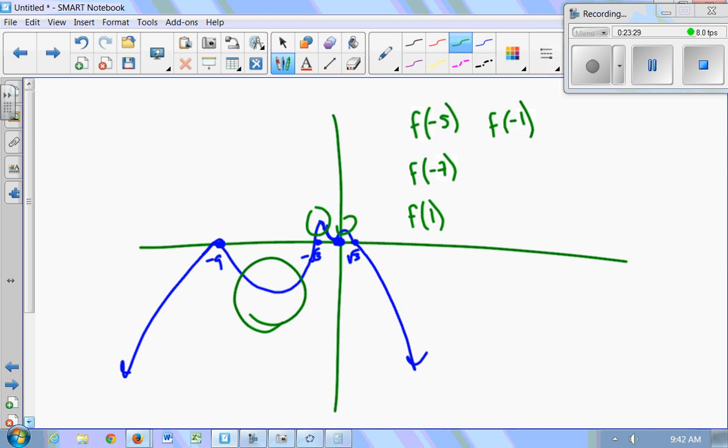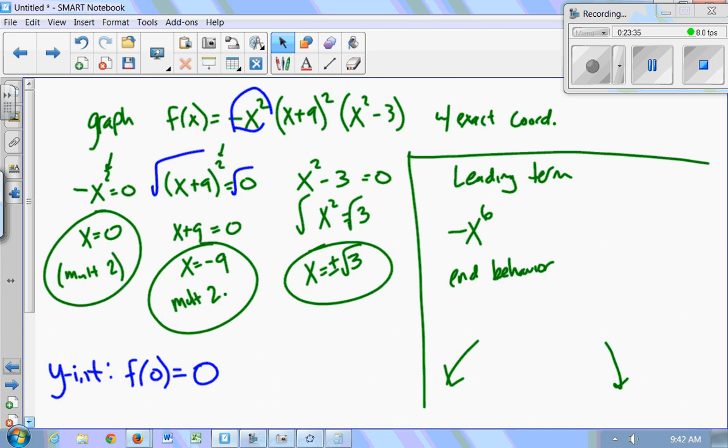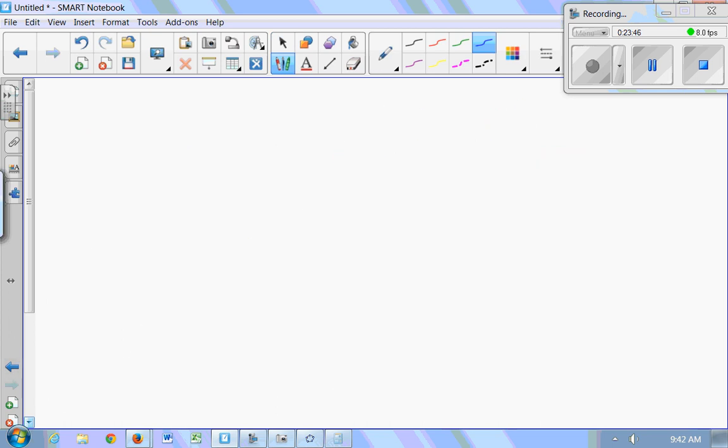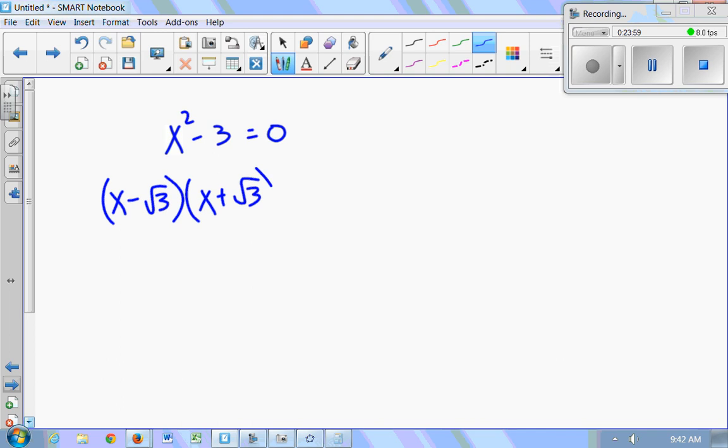Okay, so those two at plus or minus √3 have multiplicity 1. Because, okay, so we're looking at this equation. X squared minus 3 equals 0. So I happened to solve it by adding 3 to both sides and then square rooting. But I could factor this thing to be x minus √3, x plus √3.